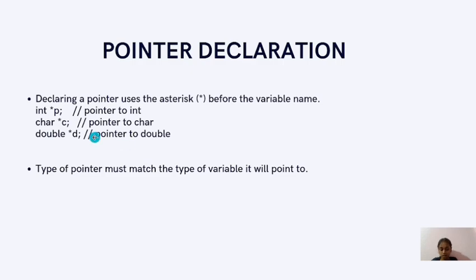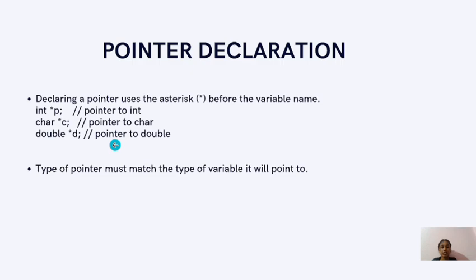Remember, the type of the pointer must match the type of the variable it will point to. This is important for avoiding bugs and ensuring your program works as intended.